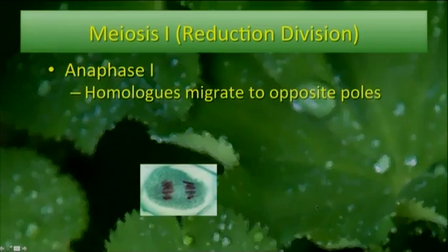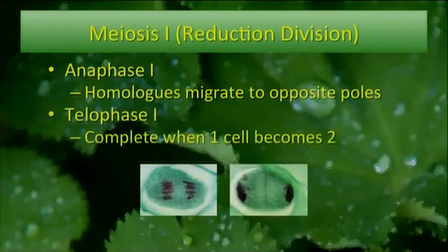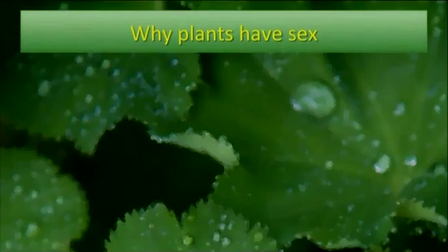Telophase 1 is complete when one cell becomes two. It's called reduction division because after meiosis 1 the chromosome number has been reduced by half. One set of chromosomes of the homologs went to one cell, another set went into the other cell. So why do plants have sex?